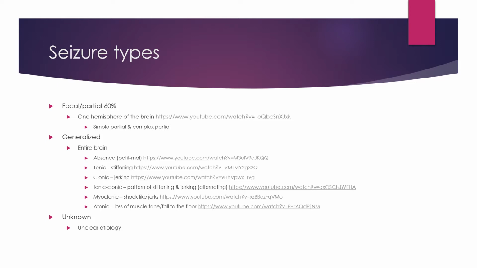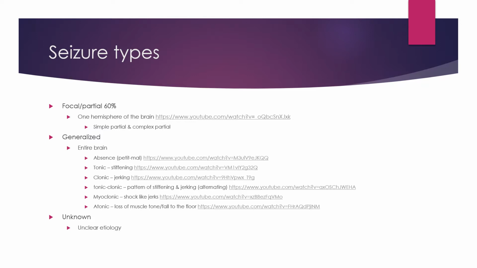So tonic seizures are muscle stiffening. Clonic is jerking. And if you have tonic-clonic, you have a pattern of stiffening and jerking, which alternates. Some of these kids start with tonic and then move into tonic-clonic, and that's fairly typical.